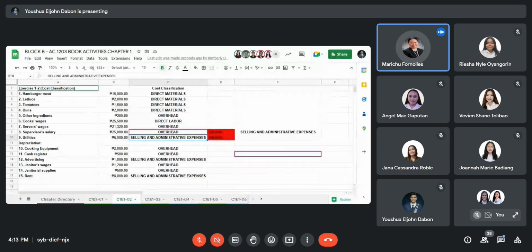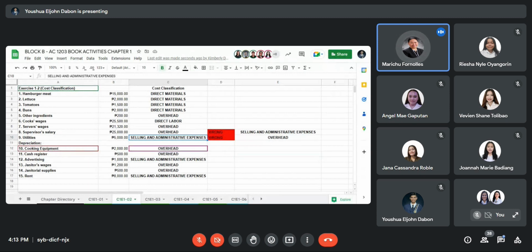Then number 10, the depreciation for cooking equipment. That should be reported as part of overhead, because it is cooking equipment. So in number 11, depreciation of the cash register, not overhead. Why? Because the work is not in production.